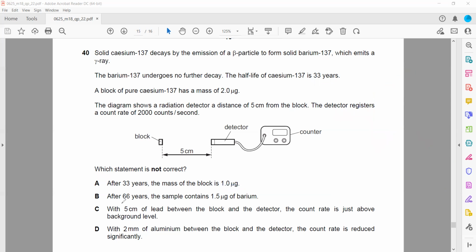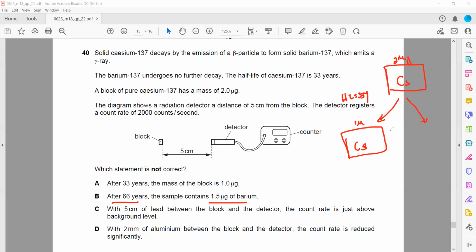Why not B? They're saying after 66 years, a sample contained 1.5 microgram of barium. That is true. For example, first we have 2 microgram of cesium. After half-life, after 33 years, out of 2 microgram, 1 microgram will be cesium and 1 microgram will be barium. And barium does not decay.